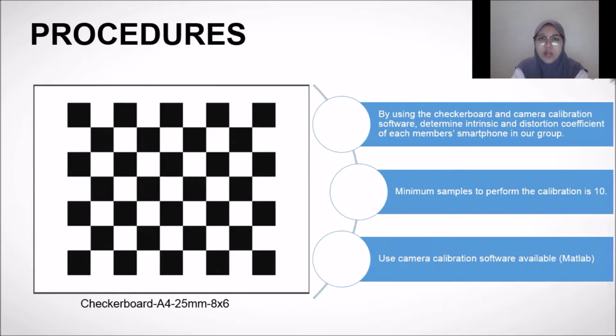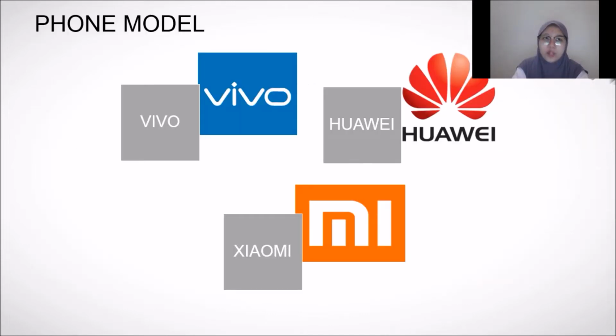We need a minimum of 10 samples to perform the calibration, and we need to use the available camera calibration software, which is MATLAB and Python, but our group decided to use MATLAB.